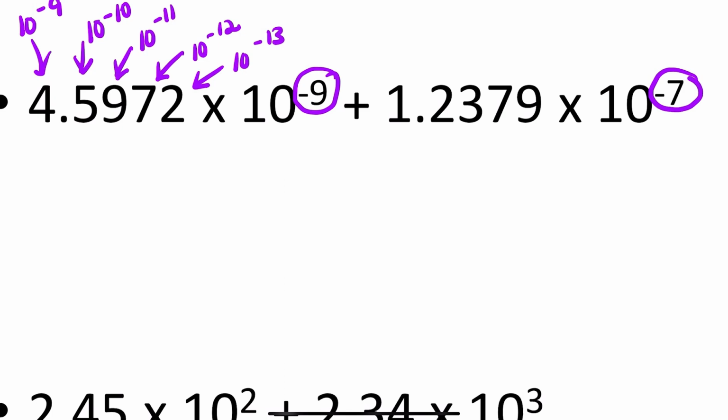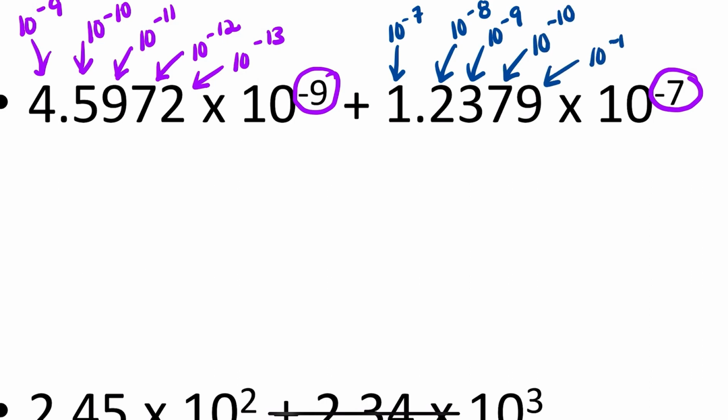The 7 here is telling me the position of the 1. So 10 to the negative 7, 10 to the negative 8, 10 to the negative 9, 10 to the negative 10, and 10 to the negative 11.